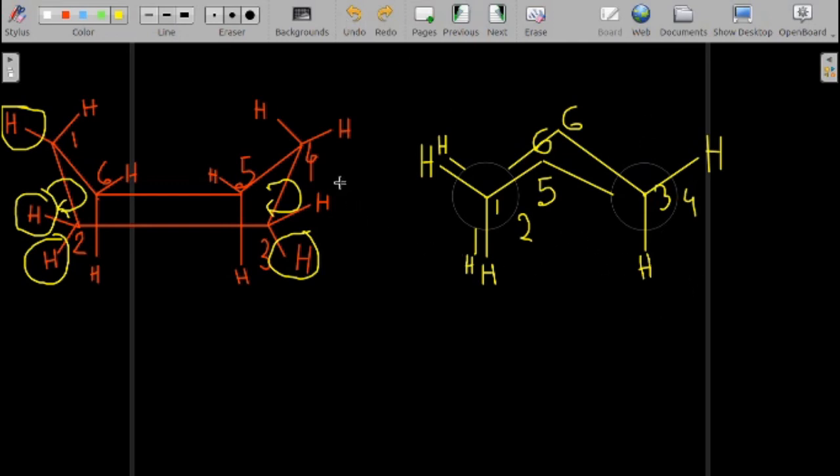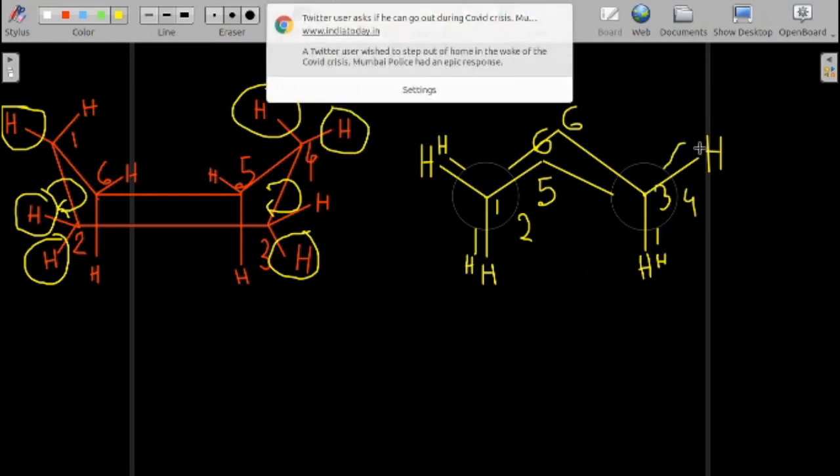In the case of the C4 carbon, this axial hydrogen is eclipsed to this C3 hydrogen, and this equatorial hydrogen is eclipsed to this C3 hydrogen.